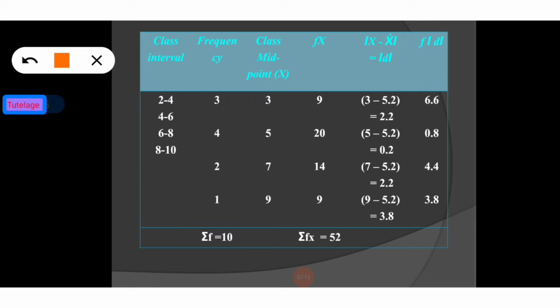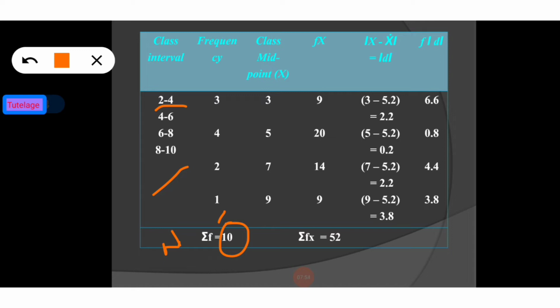We know there are 4 classes, 2 to 4, 4 to 6, 6 to 8 and 8 to 10. The frequencies are 3, 4, 2 and 1. So the total frequency, capital N, is equal to 10. Now going to the calculation of the midpoint. When calculating the midpoint of a class interval in a continuous series, we take lower class plus upper class divided by 2.